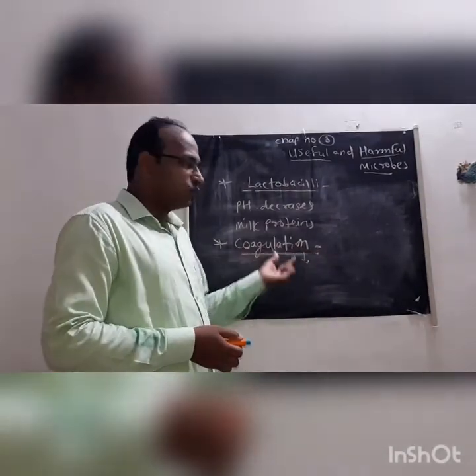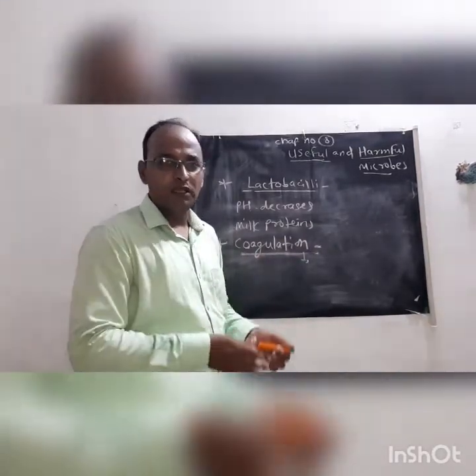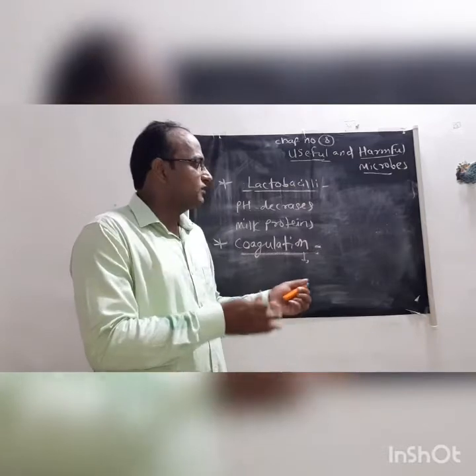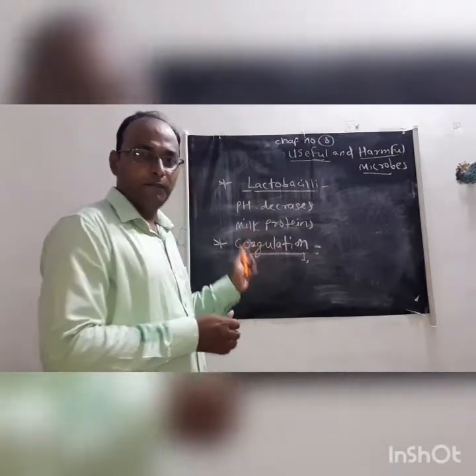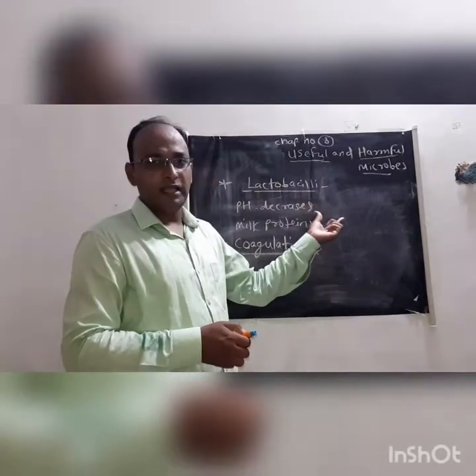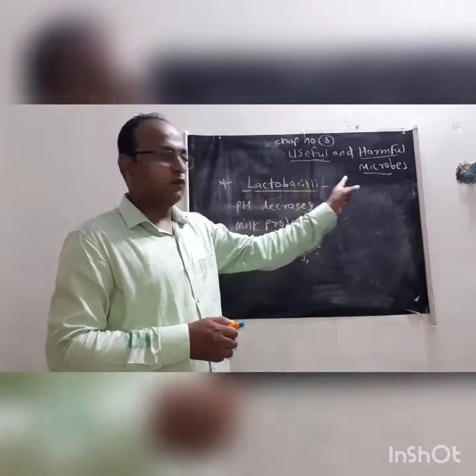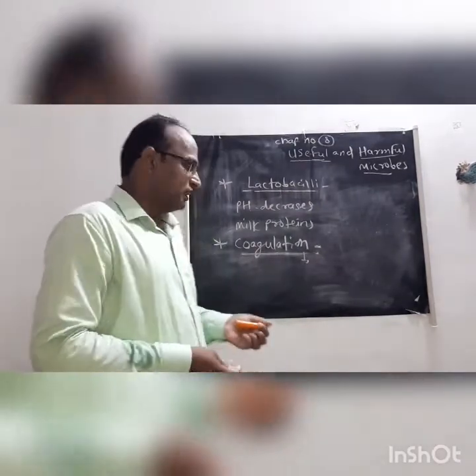Due to coagulation, the milk protein separates from the other constituents of the milk, and this is called yogurt. Thus, milk gets converted into yogurt with the help of lactobacilli, and hence lactobacilli are useful microbes.